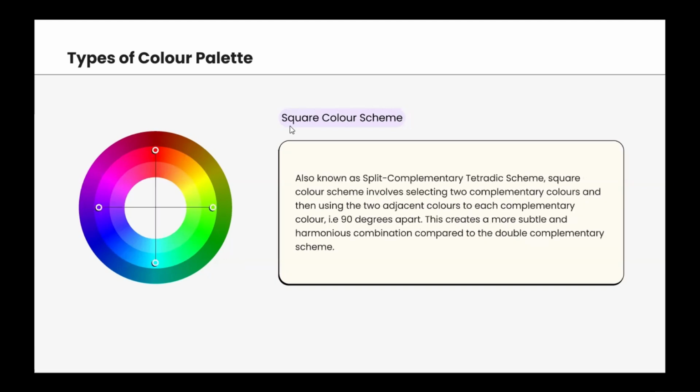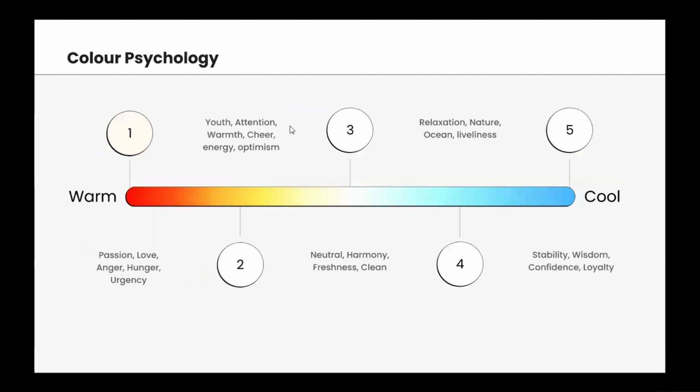Then we have the square color scheme, also a harmonious combination, a little bit similar to the tetradic color scheme. Furthermore, into color psychology, I explained that with different colors, we can understand what the brand is trying to talk about just by looking at the color.